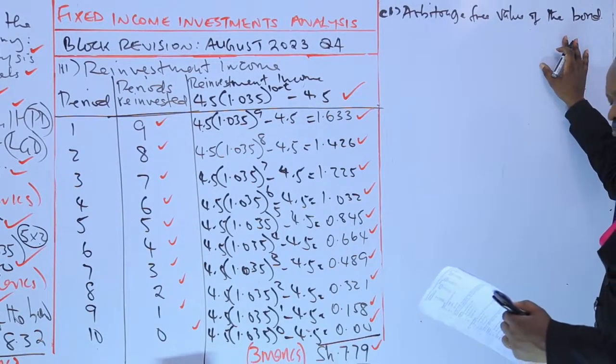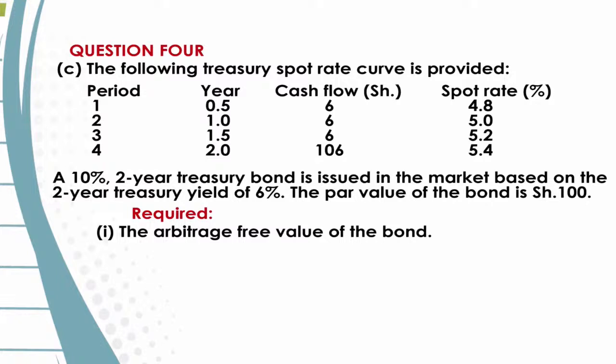And we read from this question that after the end of period 1, the expected cash flow is 6 shillings. Year 2, 6 shillings. Year 3, 6 shillings. Then period 4, we have 106 shillings.